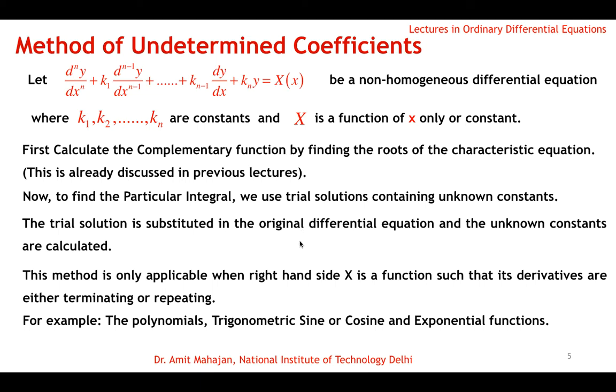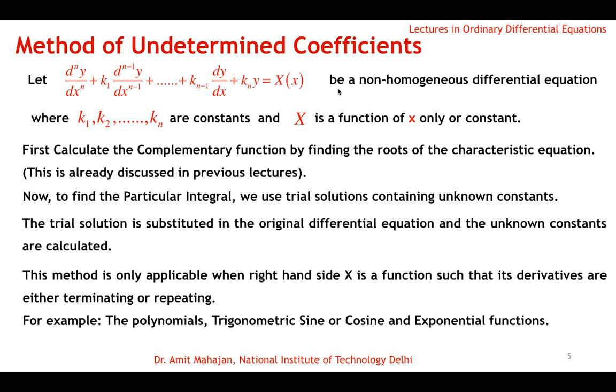Or the right hand side is a trigonometric sine or cosine function, say sine x. The derivative of sine x is cos x, then minus sine x, then minus cos x, then plus sine x. If we keep differentiating, the derivatives start repeating. Similarly for the exponential, say e power x as the right hand side, the derivative of e power x is e power x, and again e power x.